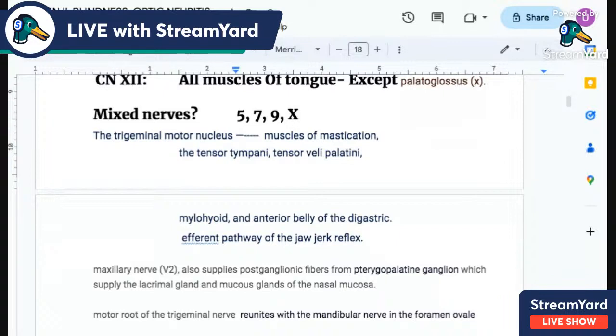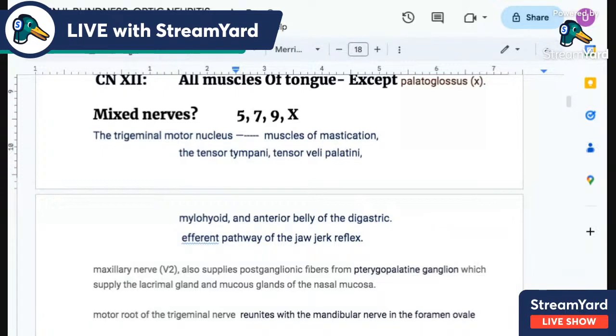And the other muscles that it supplies are tensor tympani, tensor veli palatini, mylohyoid, and anterior belly of the digastric. So the anterior belly of the digastric is supplied by the mandibular division of the trigeminal nerve.